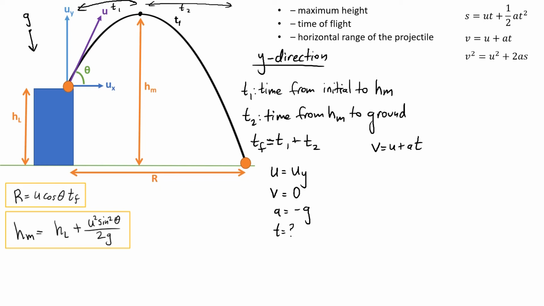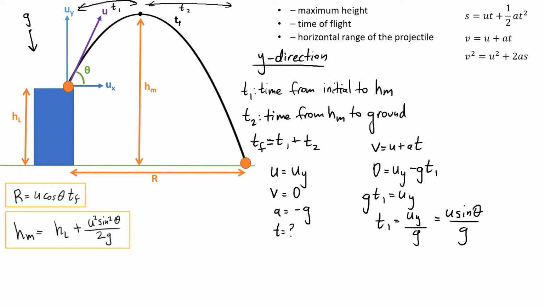So if you plug everything in, 0 is equal to uy minus g t1. Rearranging this equation, so bringing negative g t1 to the other side, t1 is going to be equal to uy divided by g. Now, as we stated before, we know that uy can be expressed as u sine theta, so t1 is u sine theta over g. And there we have it.